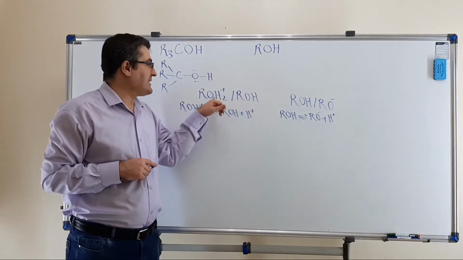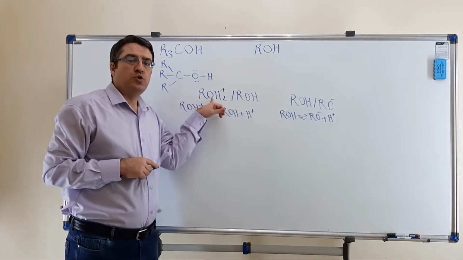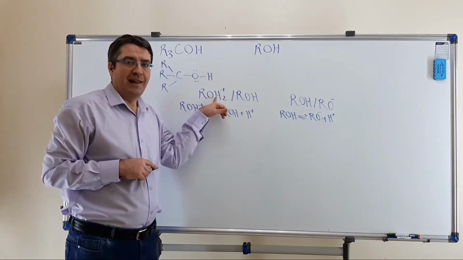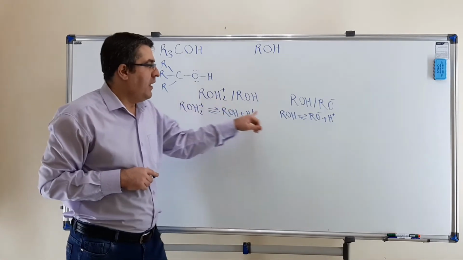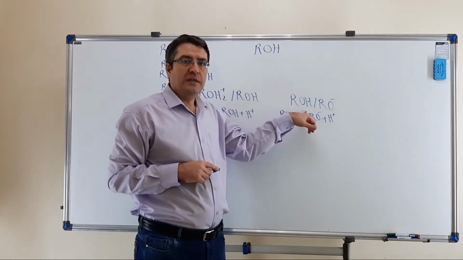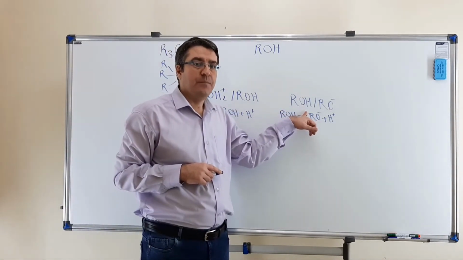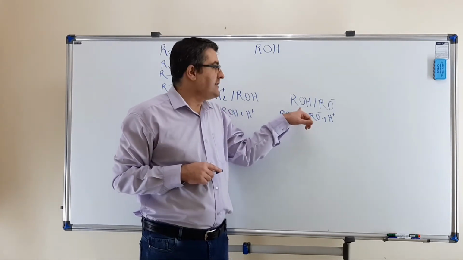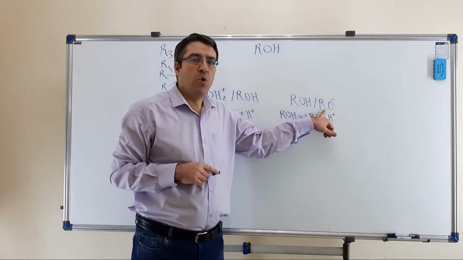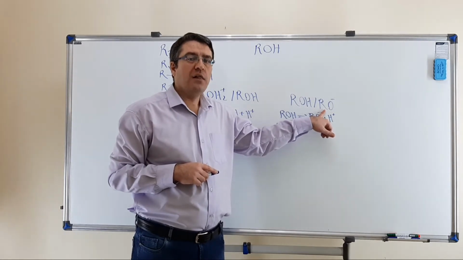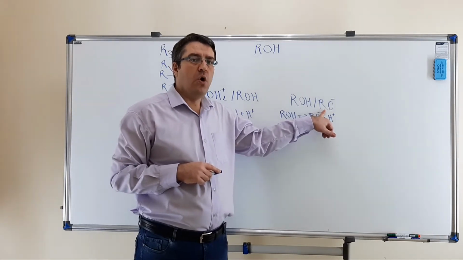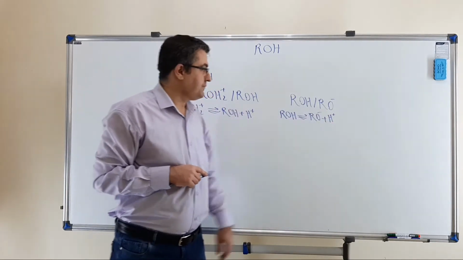Its conjugate acid is ROH2+, the protonated alcohol, which is called alkyloxonium. In this pair, alcohol itself is the acid, the conjugate acid. Its conjugate base is RO-, the deprotonated alcohol, which is called alcoholate or alkoxide.